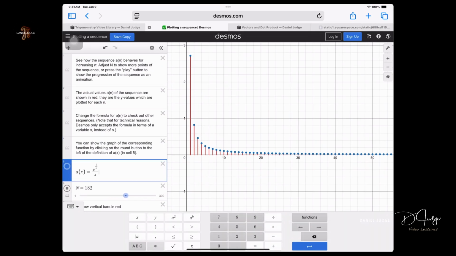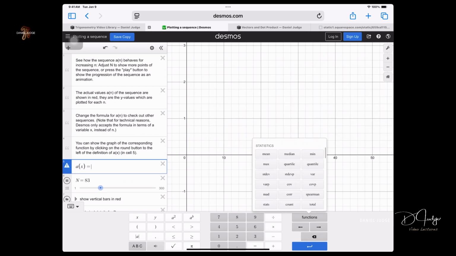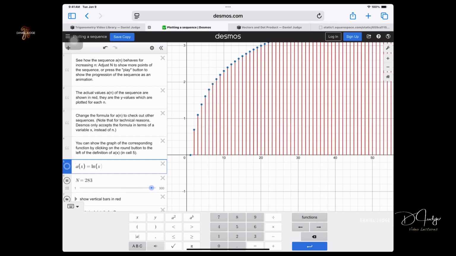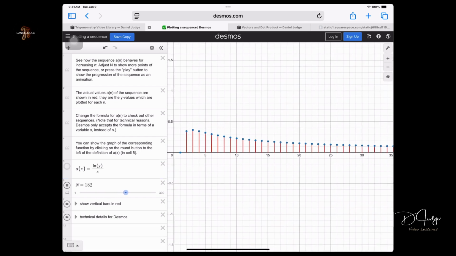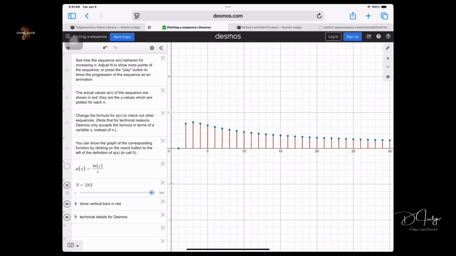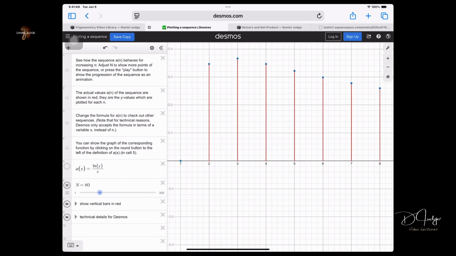But if we take a look at this graph, we start to see how this series really behaves. You're increasing at 1. At 1, it's 0, and then at 2, it's larger. Starting at 3, we will be decreasing here. You guys can see that there.